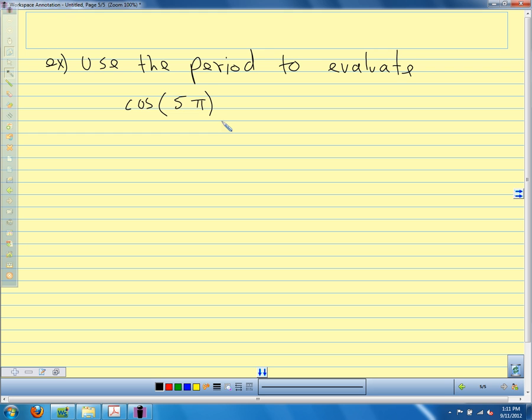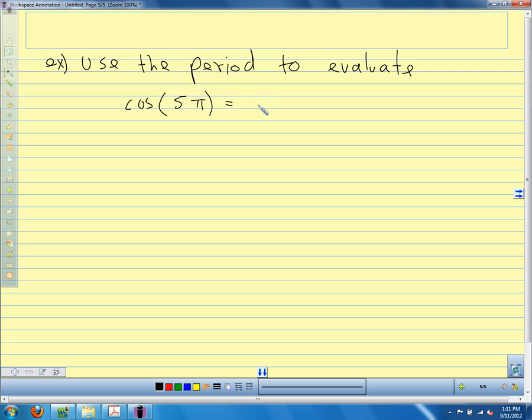So what this question is asking us is, can we write 5 pi? We know that the period is 2 pi. We want to write 5 pi as some multiple of 2 pi plus some other angle. Because if I have a multiple of 2 pi, that just means I'm going around the circle again and I don't have to worry about that.